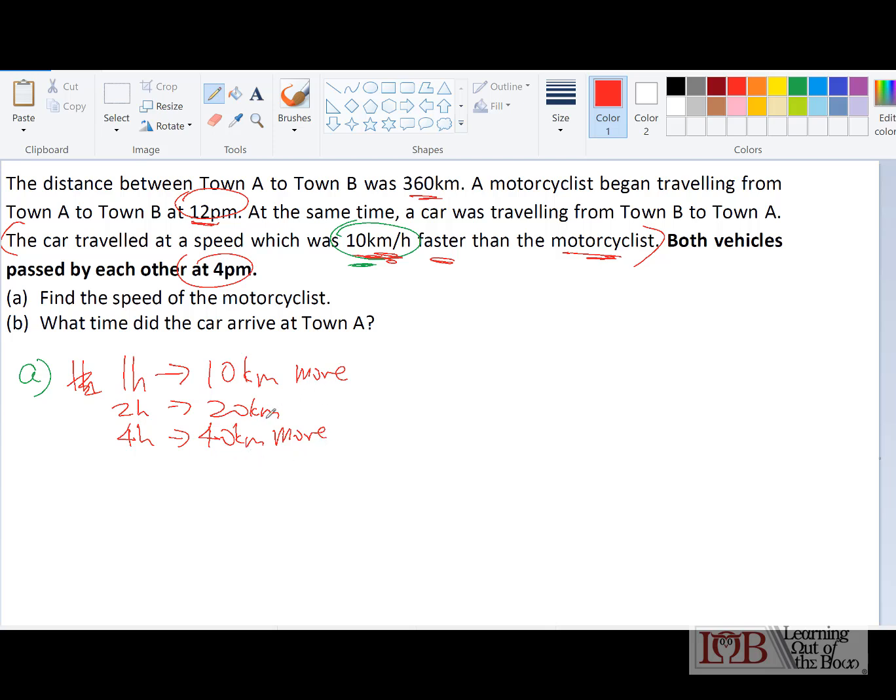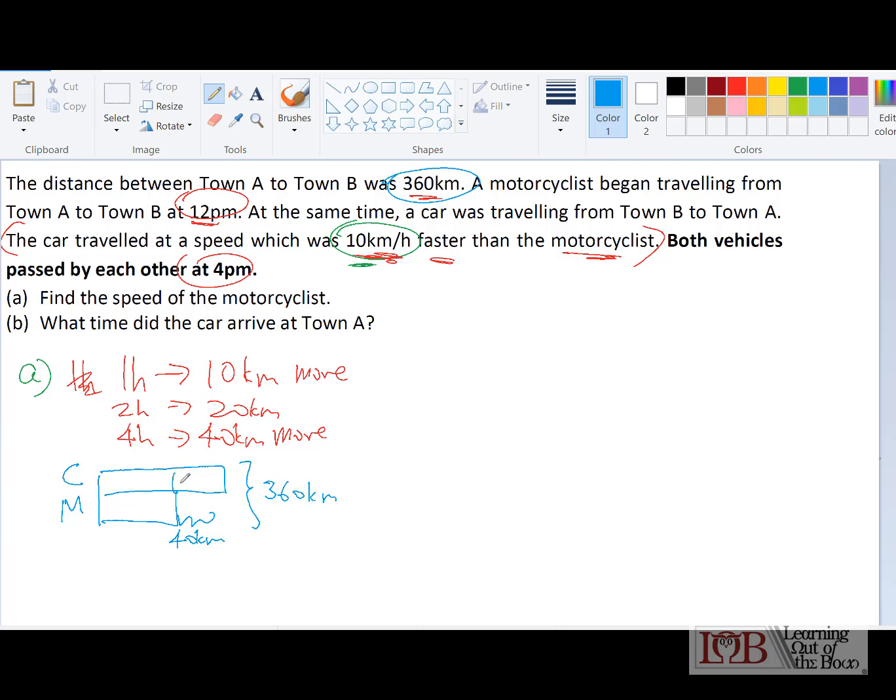Alright, so having said this, let's look at the distance that we have. So if you have C and M, and you know that C has traveled more, which is 40 km more, and the total is 360 km.